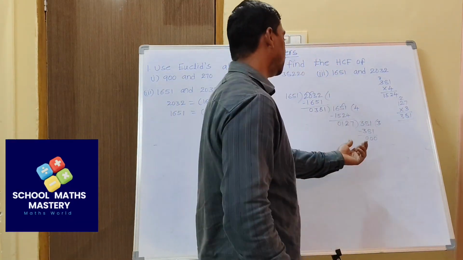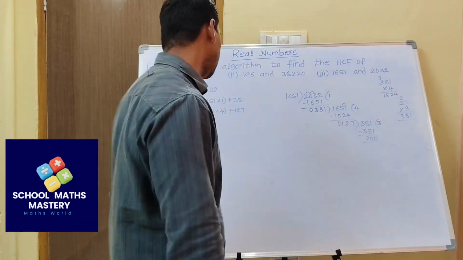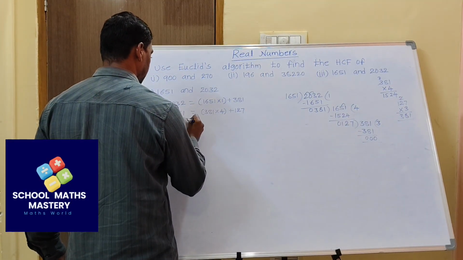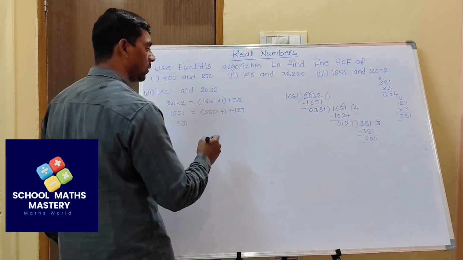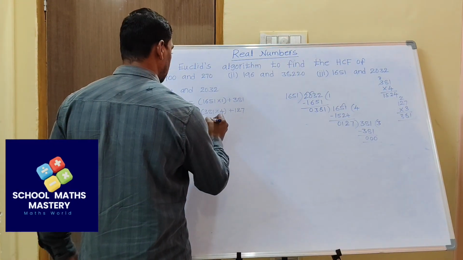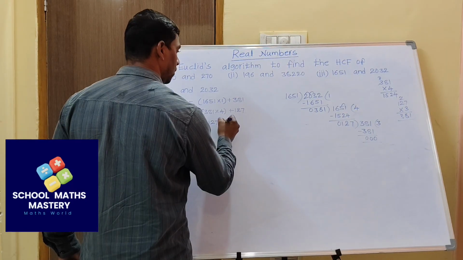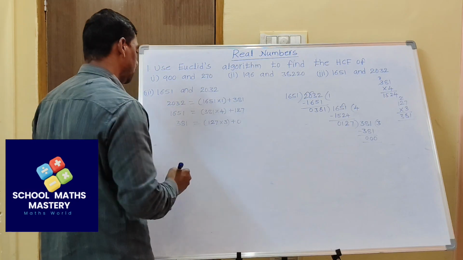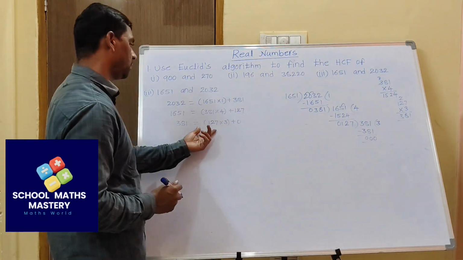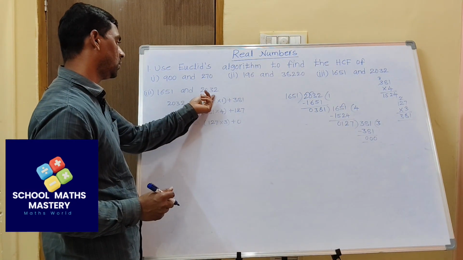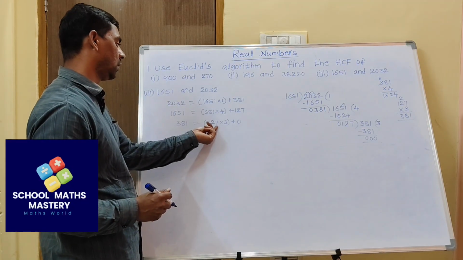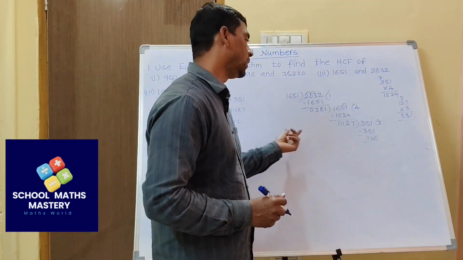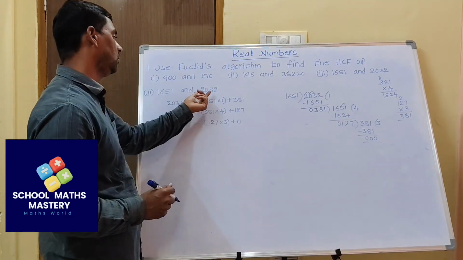The remainder is 0. The problem is completed. Okay, 381 is equal to 127 into 3 plus remainder is 0. So the HCF of 1651 and 2032 is 127. Last divisor is 127, so 127 is the HCF of 1651 and 2032.